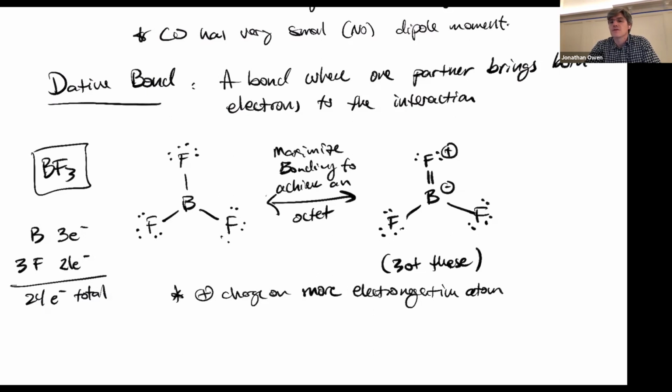It acknowledges the empty hole in the valence shell. Okay. All right. So I'm going to say this is a major contributing resonance structure. And this is just the nature of hypovalent molecules.